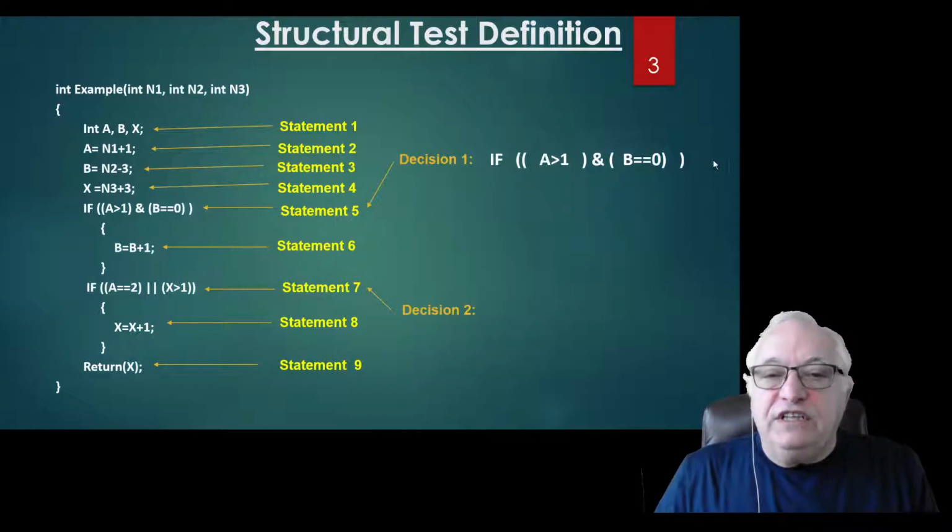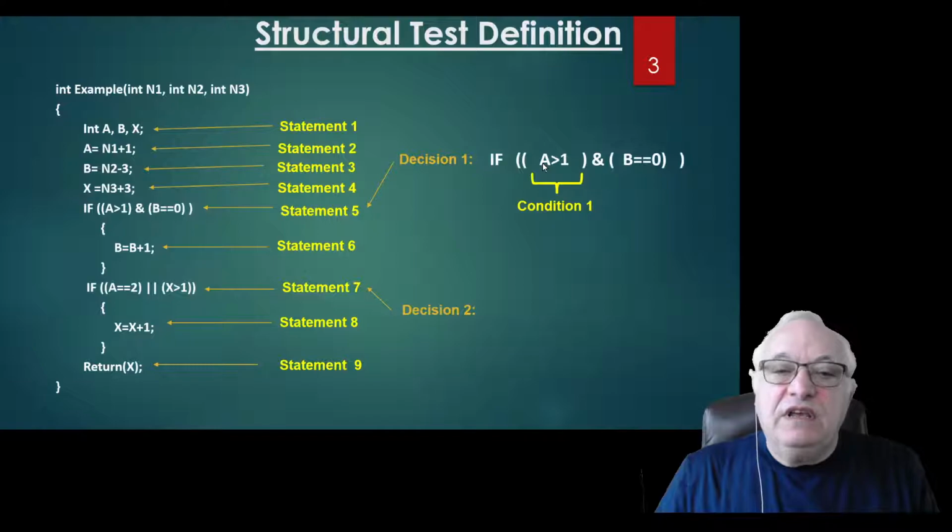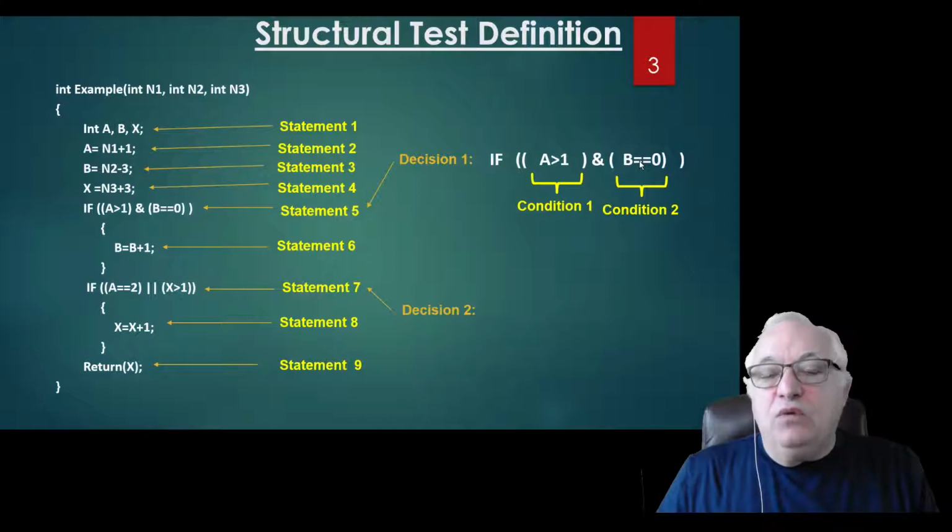This whole statement is a decision, but it's made out of a couple of conditions. We have condition 1, which is true if A is greater than 1, false if A is less than 1. Then we have condition 2, which is true if B is equal to 0, and false if B is not equal to 0.